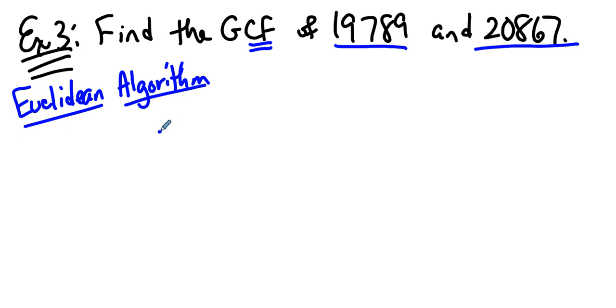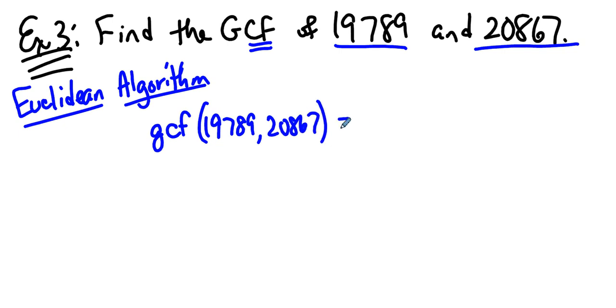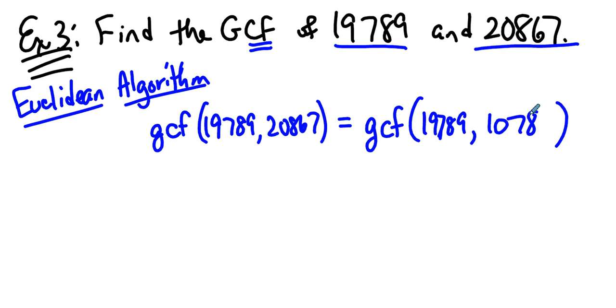So the greatest common factor of 19,789 and 20,867 is the same as the greatest common factor of 19,789 and their difference, which happens to be 1,078.